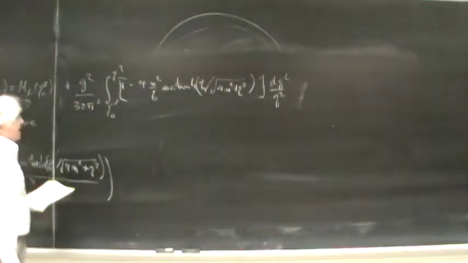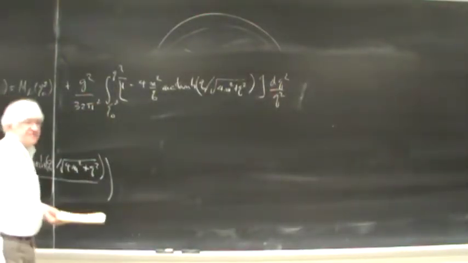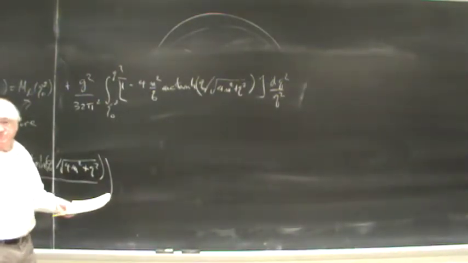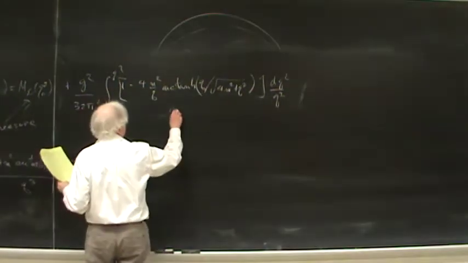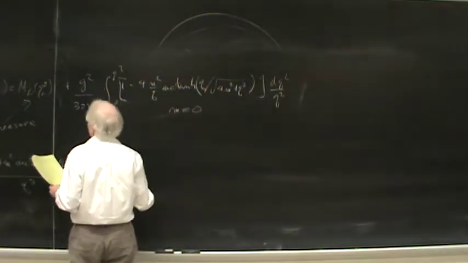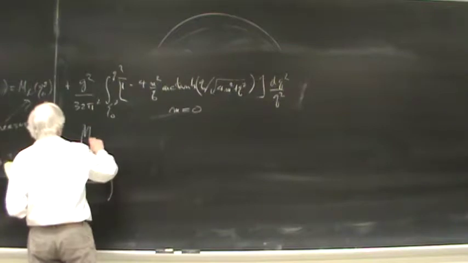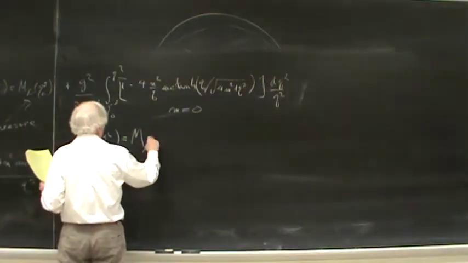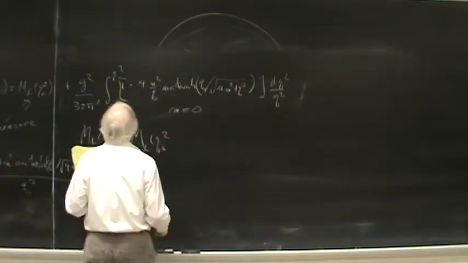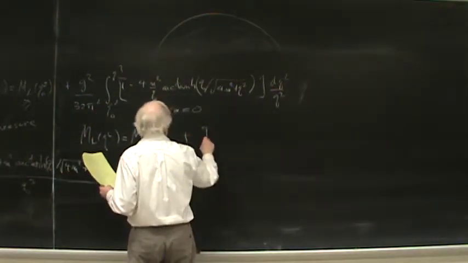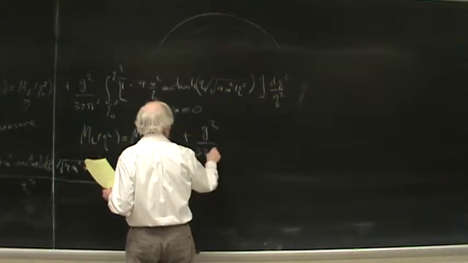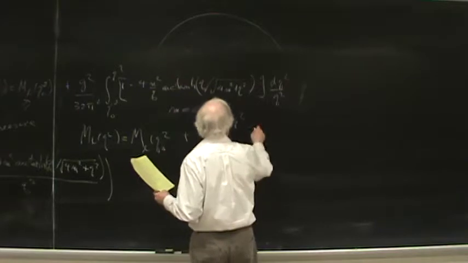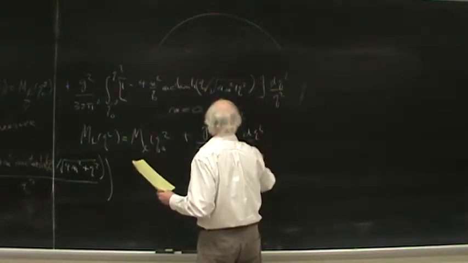Okay. That's a finite integral, and in fact it's an easy integral in the limit Schwartz takes, which is m equals 0. So let us set m equals 0, and then we get that m loop of q squared is m loop of q0 squared plus g squared over 32 pi squared, integral from q0 squared to q squared of dq squared over q squared.